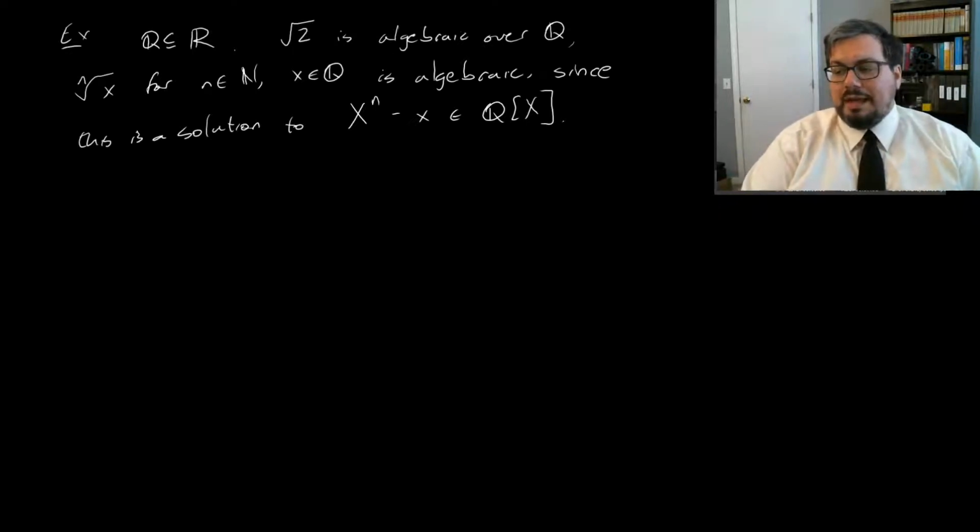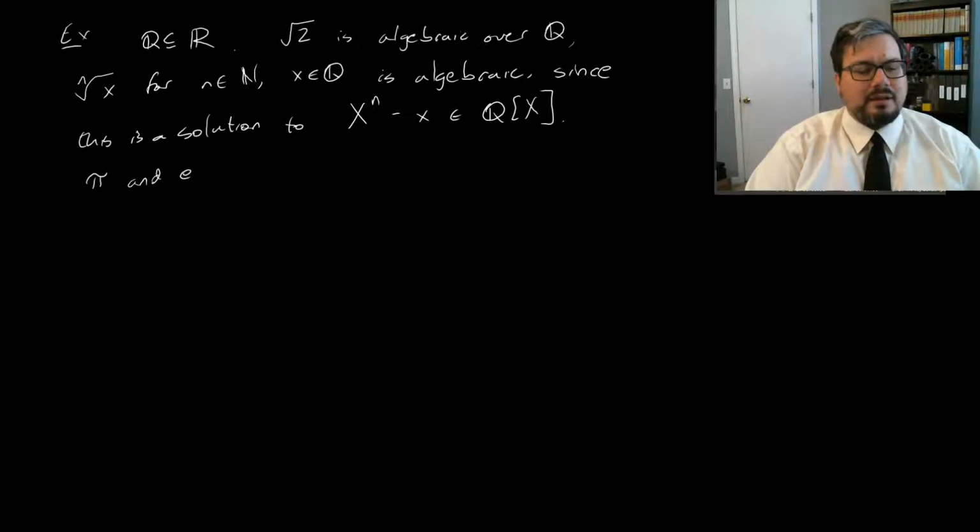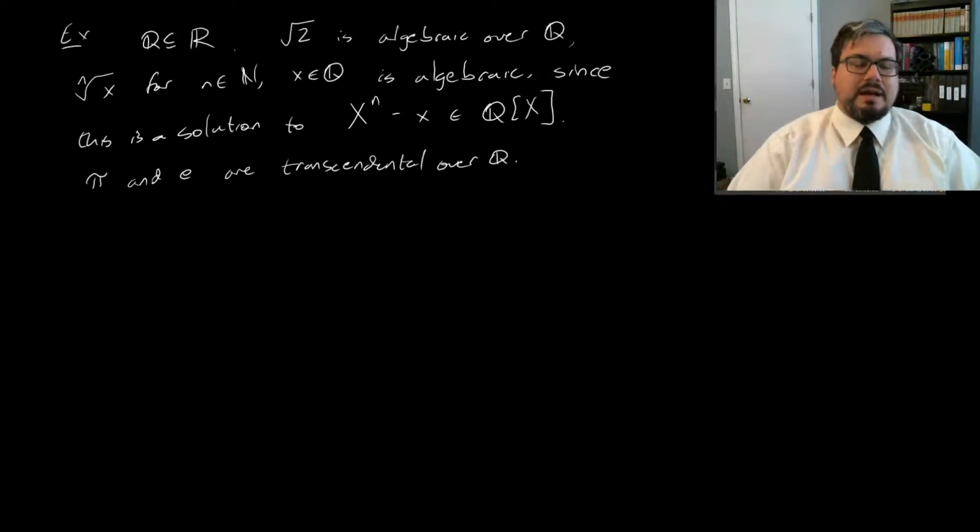However, we have that pi and e are transcendental over Q. Now, this is difficult to prove, and in fact, that knowledge is less than 200 years old.